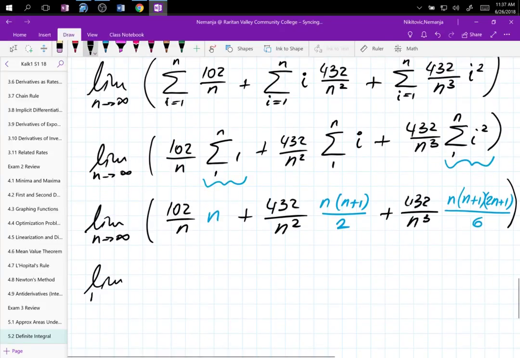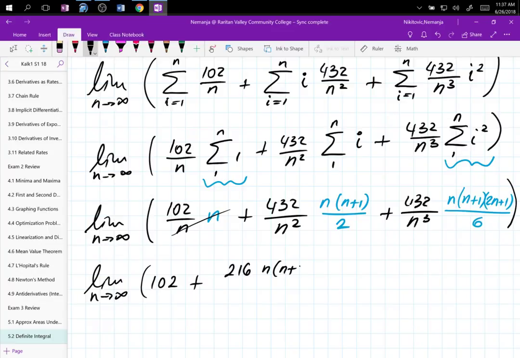So limit n goes to infinity, these n's die, I just have 102, plus 432 cancels with this, which is 216, n plus 1 over n squared, plus, that's divisible by 3.